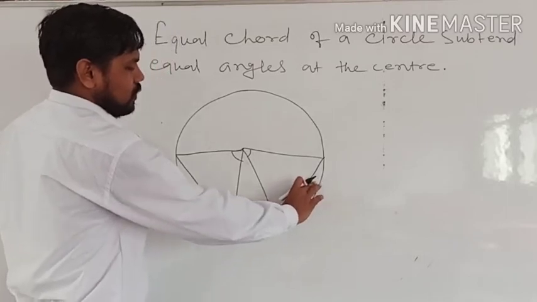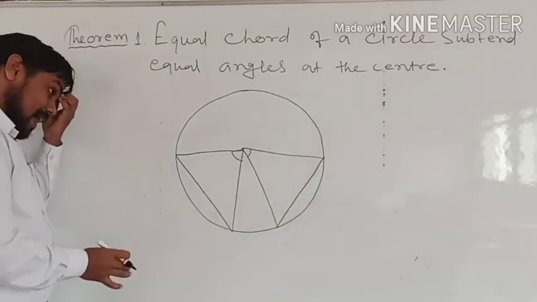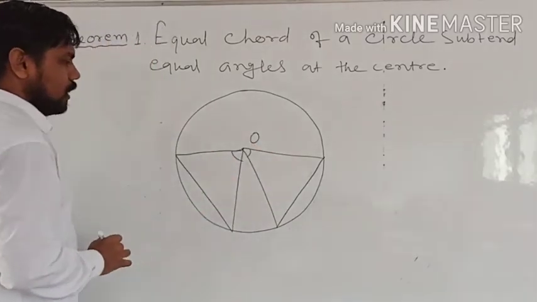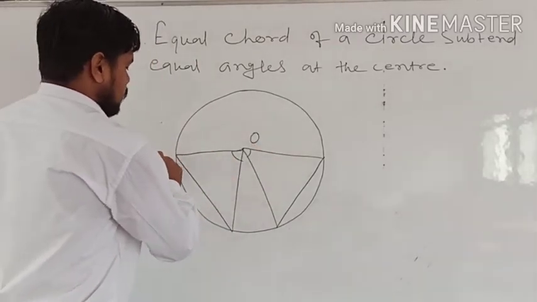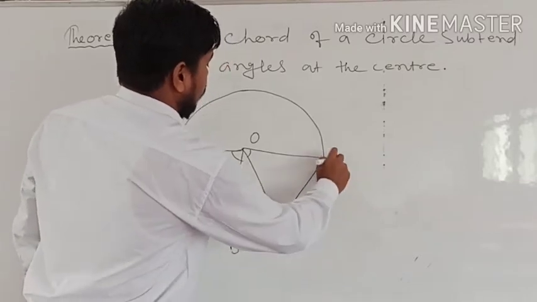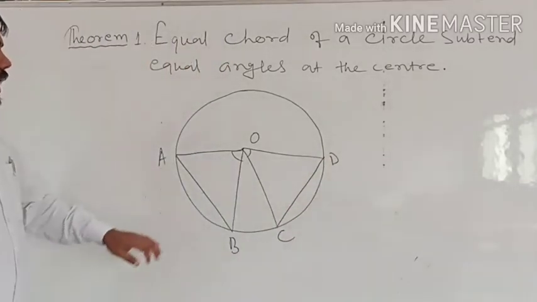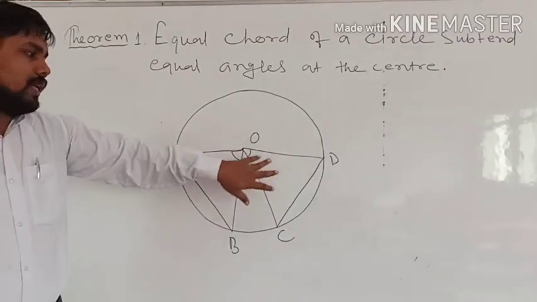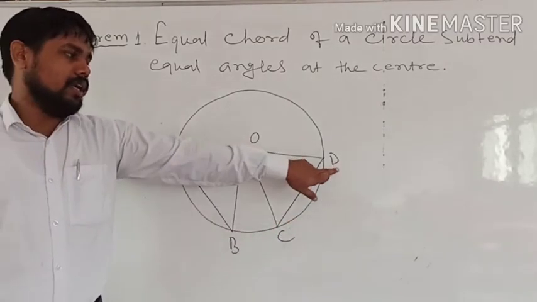Here it is given that these two chords are of equal length, and this point is the center of the circle. Suppose this is A, this is B, and this is C and this is D. So we have two triangles here: one is ABO, another is OCD.